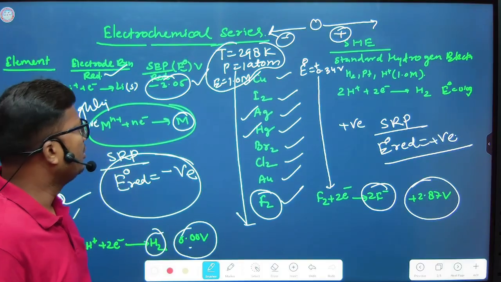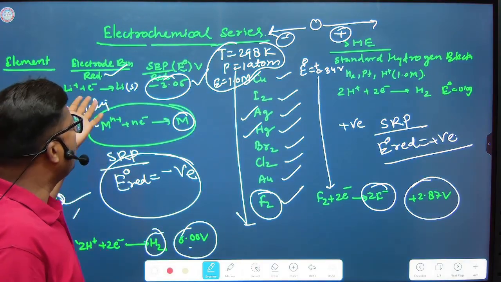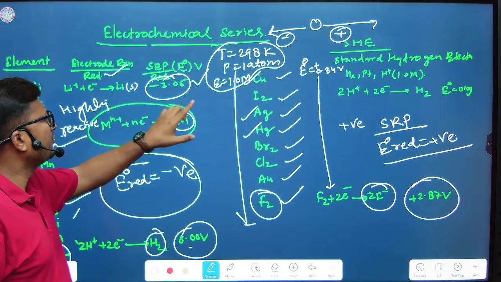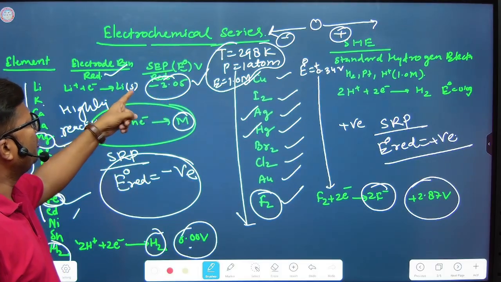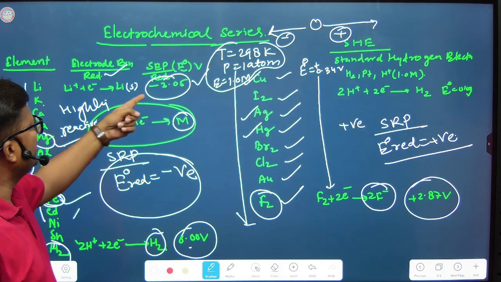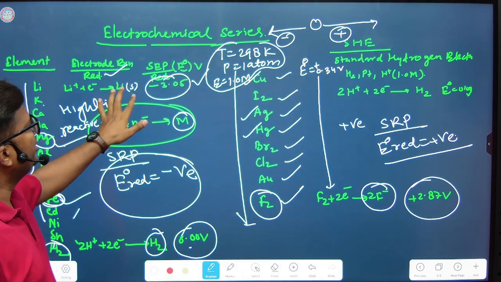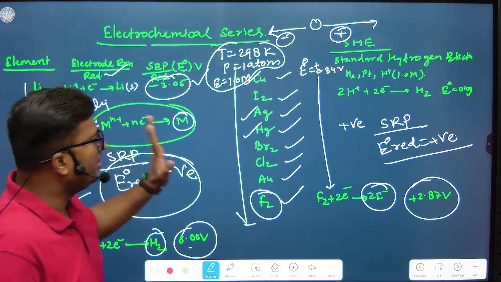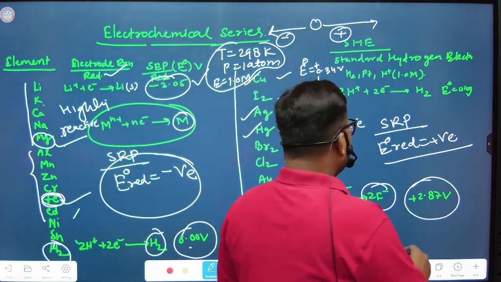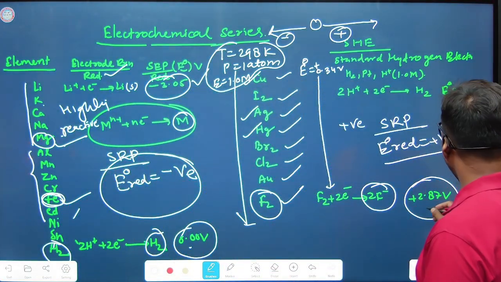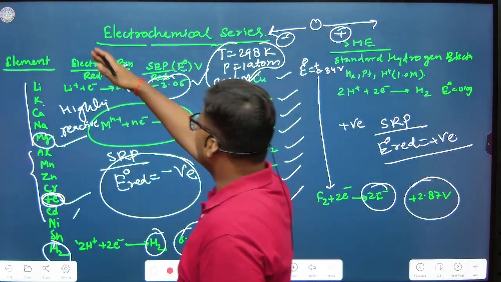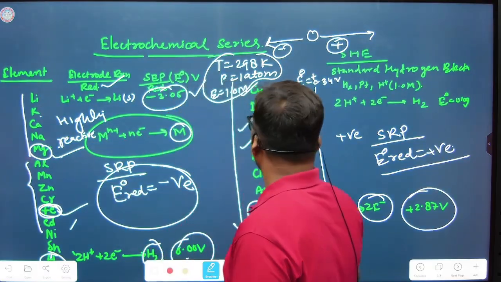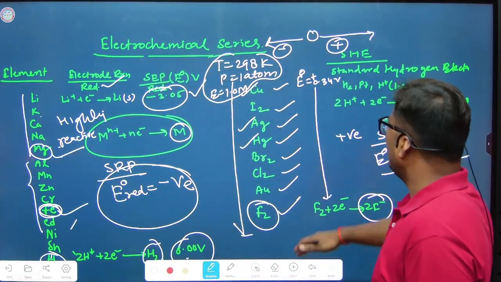Clear? Simply you can say that lithium possesses the highest negative standard reduction potential, and fluorine possesses the highest positive standard reduction potential. So all these metals are highly reactive, and all these elements are less reactive.